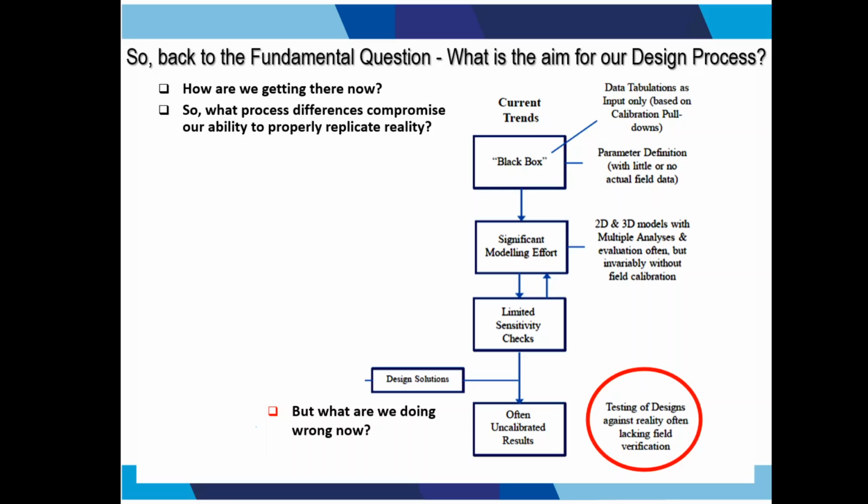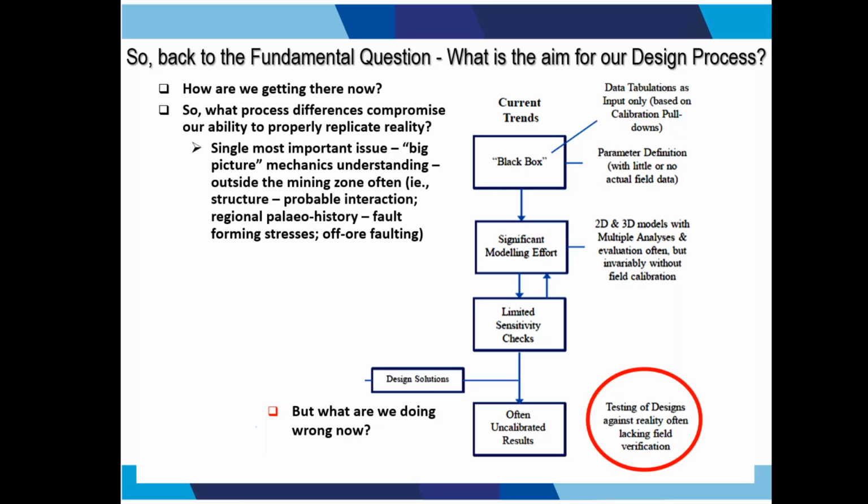So does this complicate our interpretation for projects as we move forward? Sure it does. The single most important issue is we're lacking big picture understanding, regional structure, regional stress state. We tend to concentrate on the middle of our problem, only in the detail.